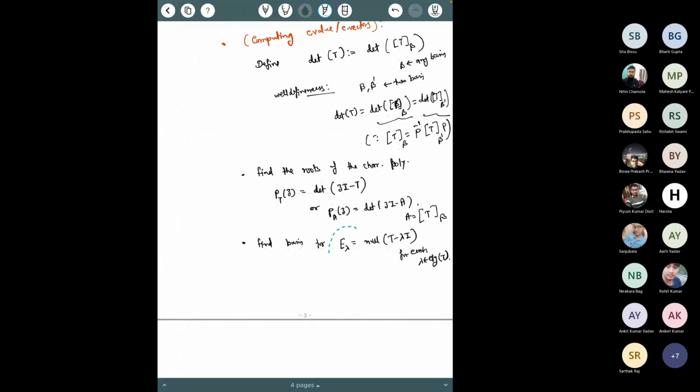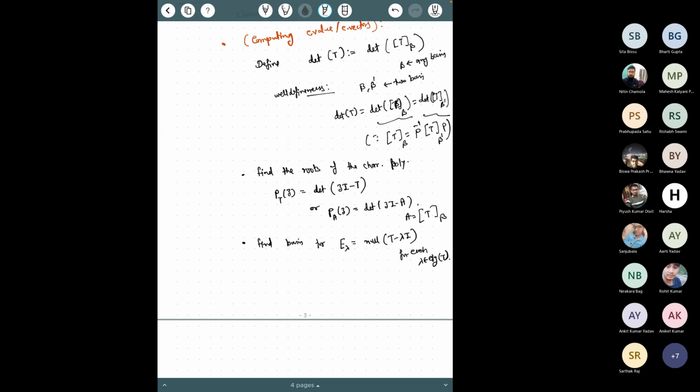So far, we have defined eigenvalues and eigenvectors for operators as well as for matrices. We also know a relation between the eigenvalues of an operator and its matrix representation, and a way to find eigenvalues and eigenvectors of an operator as well as of a matrix. This is what we know.